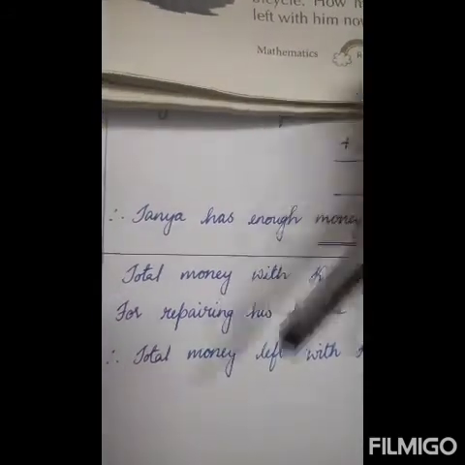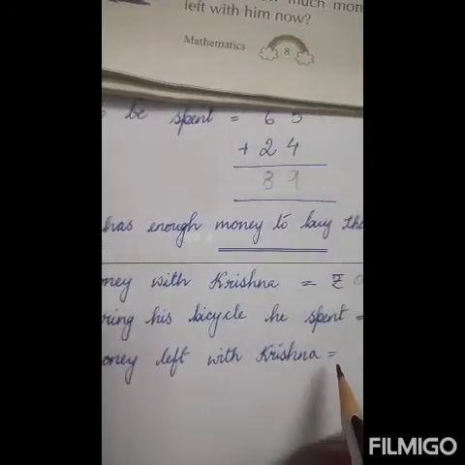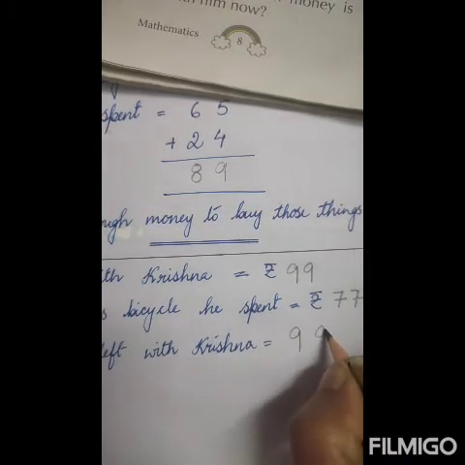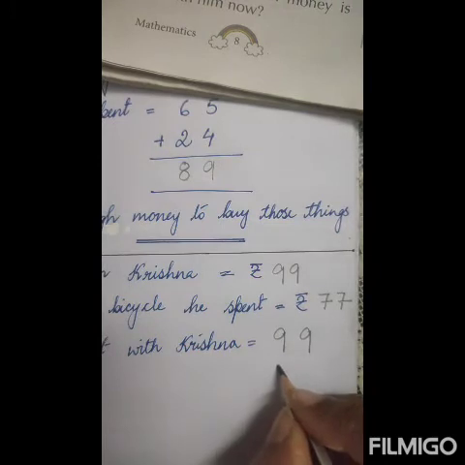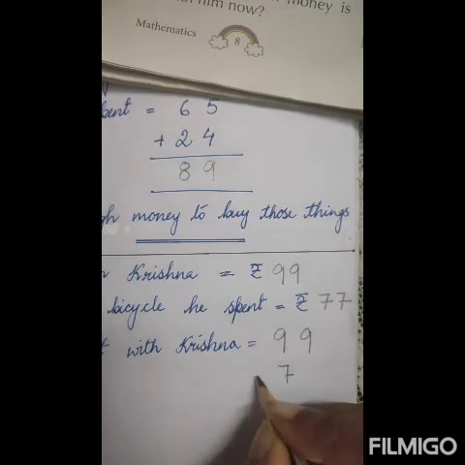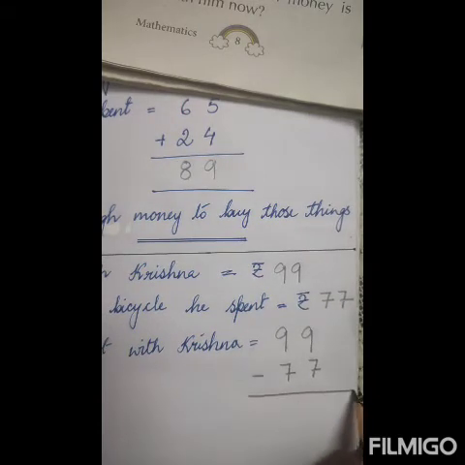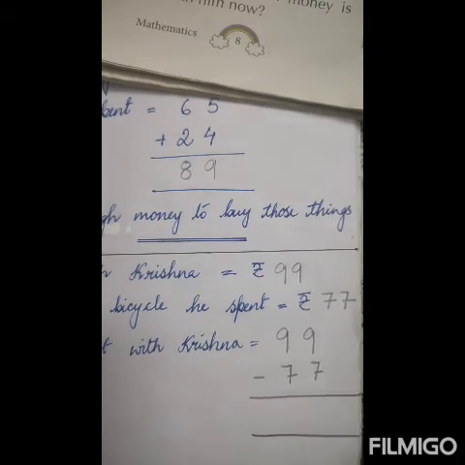So therefore, total money left with Krishna is equal to 99 minus 77. So you have to subtract.